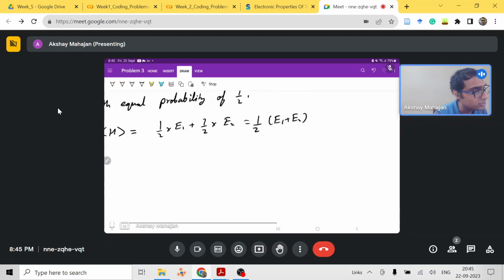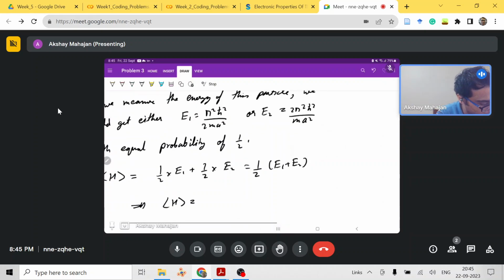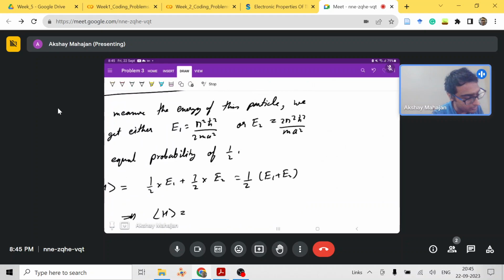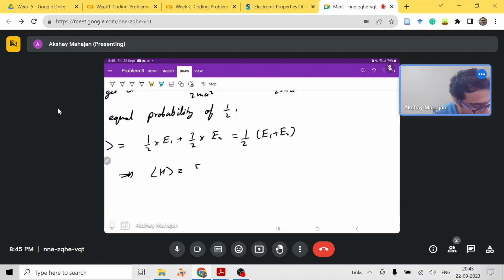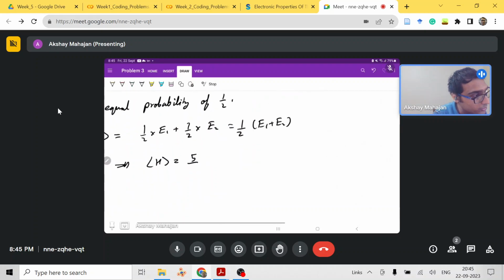So our expectation value of H will be equal to, with E1 as pi square h bar square by 2 m a square, and E2 as 2 pi square h bar square by m a square, or let me just write it as 4 times pi square h bar square by 2 m a square. So it will be 5 by 4, right?